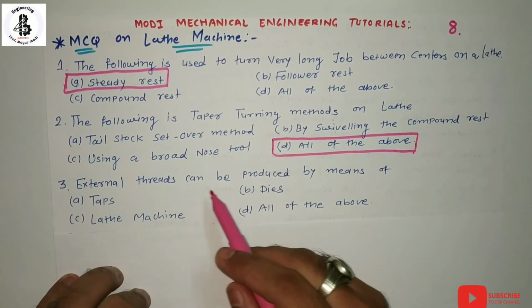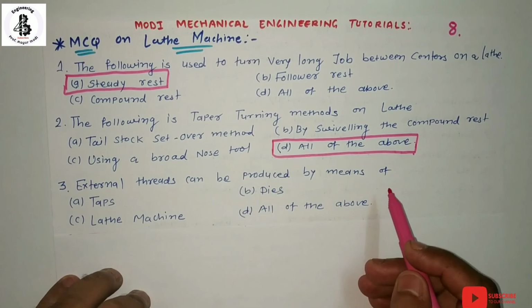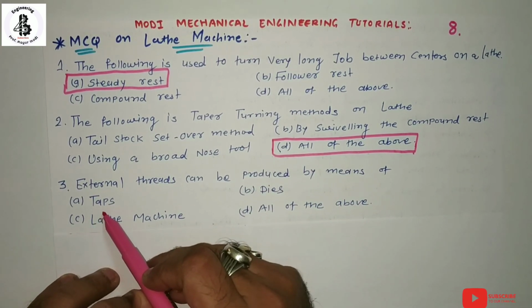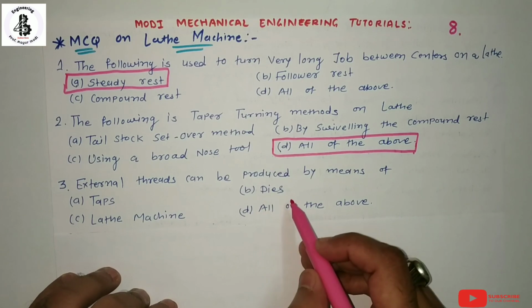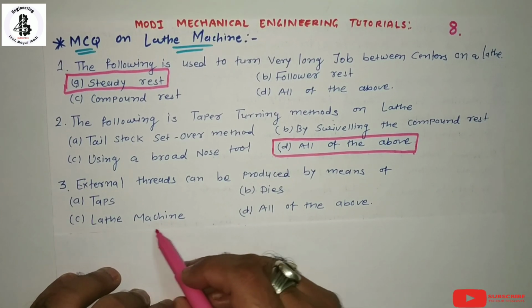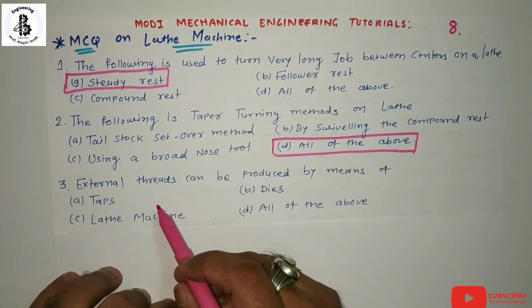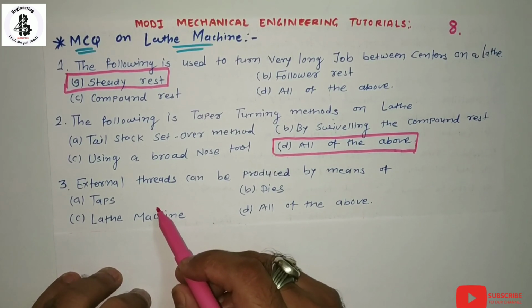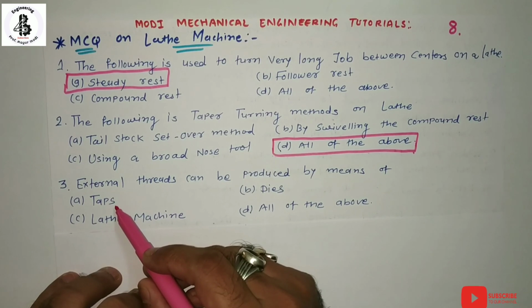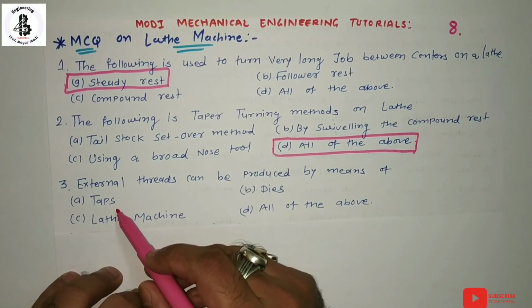External threads can be produced by means of option A, taps. Option B, dies. Option C, lathe machines. And D, all of the above. So basically this is related to the thread manufacturing process. Taps are used for manufacturing external threads.